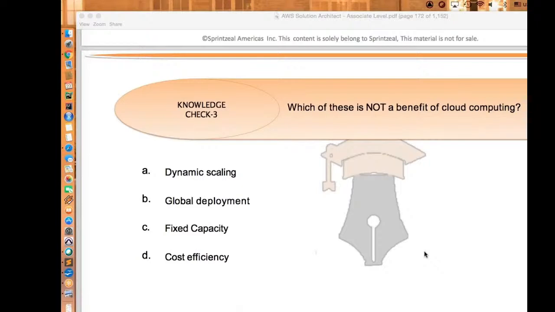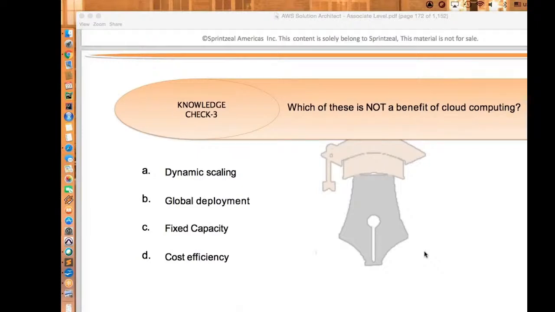Global deployment. I remember when you talked about load balancing, where people are in two different areas or two different zones, you bring them together with one key.